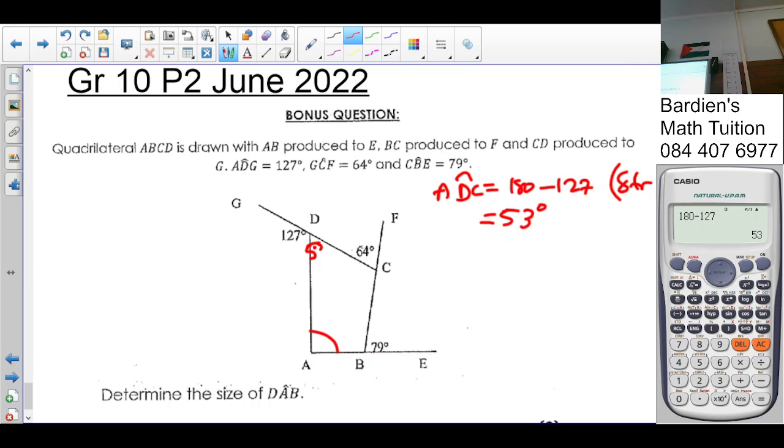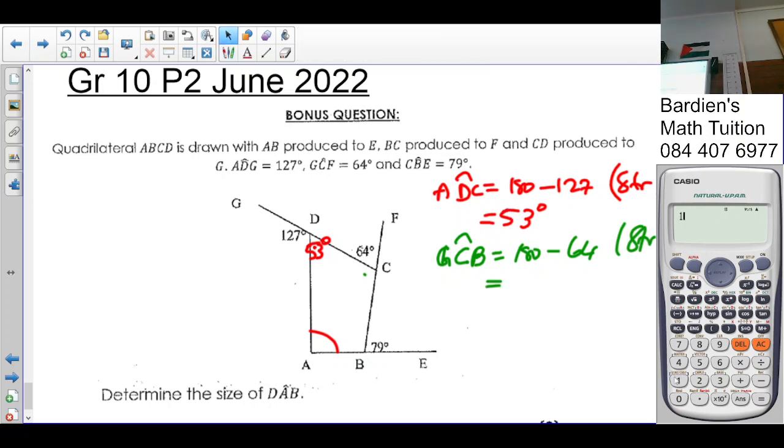Then GCB is equal to 180 minus 64 degrees, again angles on a straight line. That is going to give you 116 degrees.